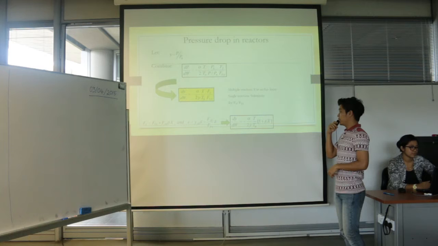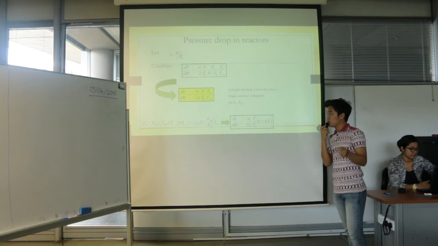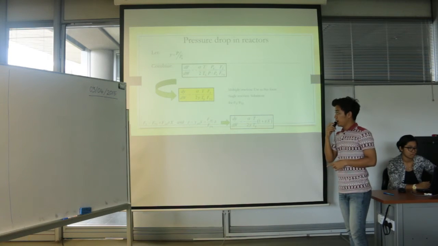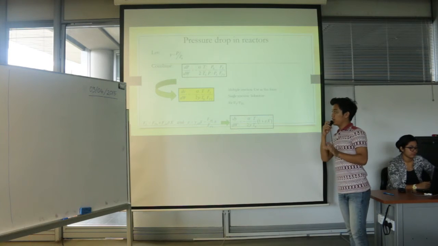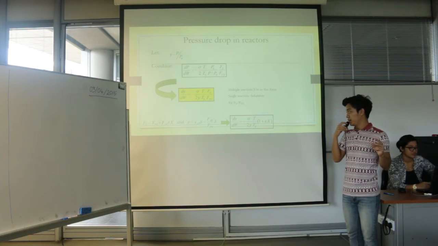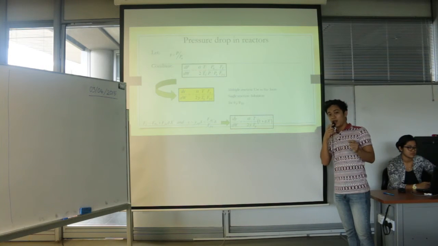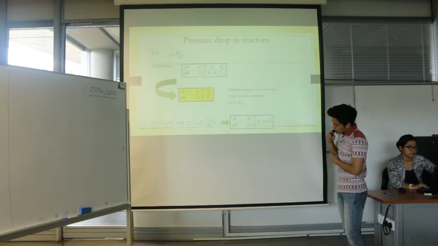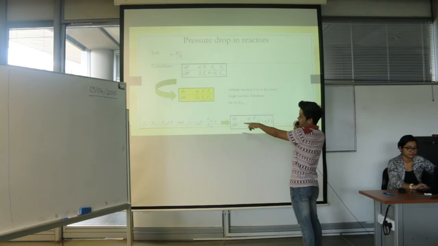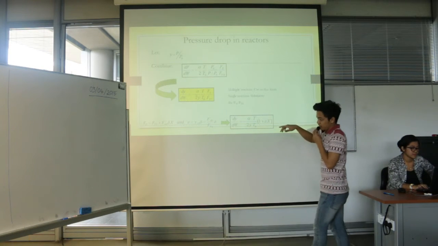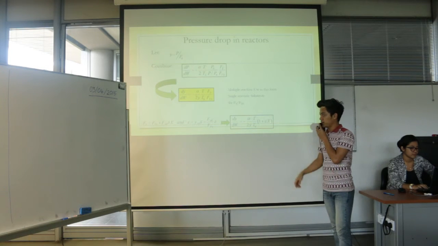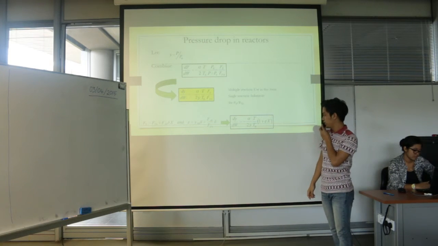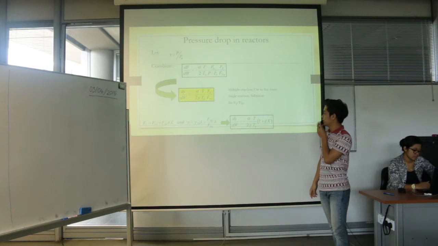Then we assume y is equal to P over P0 to simplify the equation. We get dy over dW equal to negative alpha over 2y, then multiplied by T over T0 and FT over FT0. Next, this is from the mole balance, FT equal to FT0 plus FA0 delta X, and epsilon equal to yA0 delta, also equal to FA0 over FT0 delta.